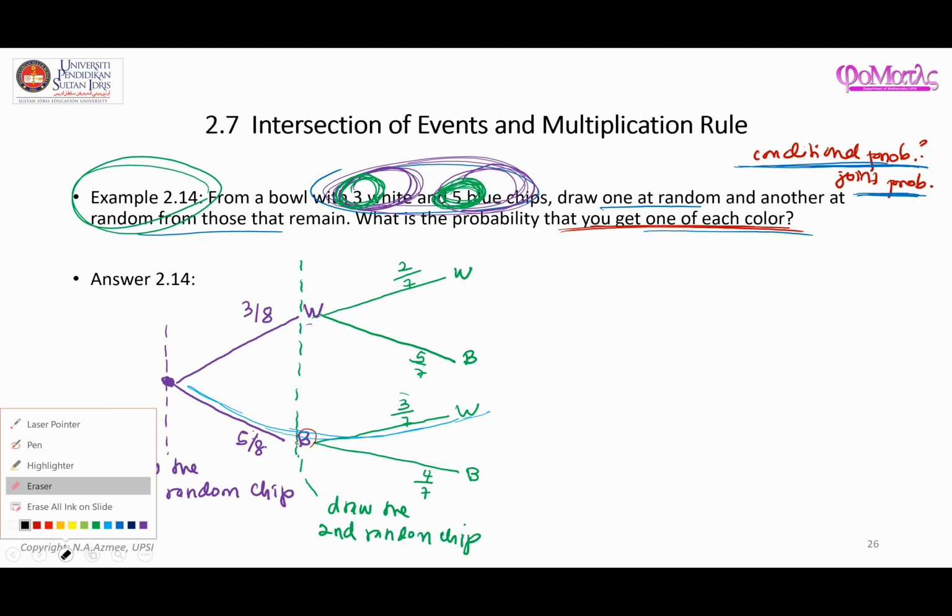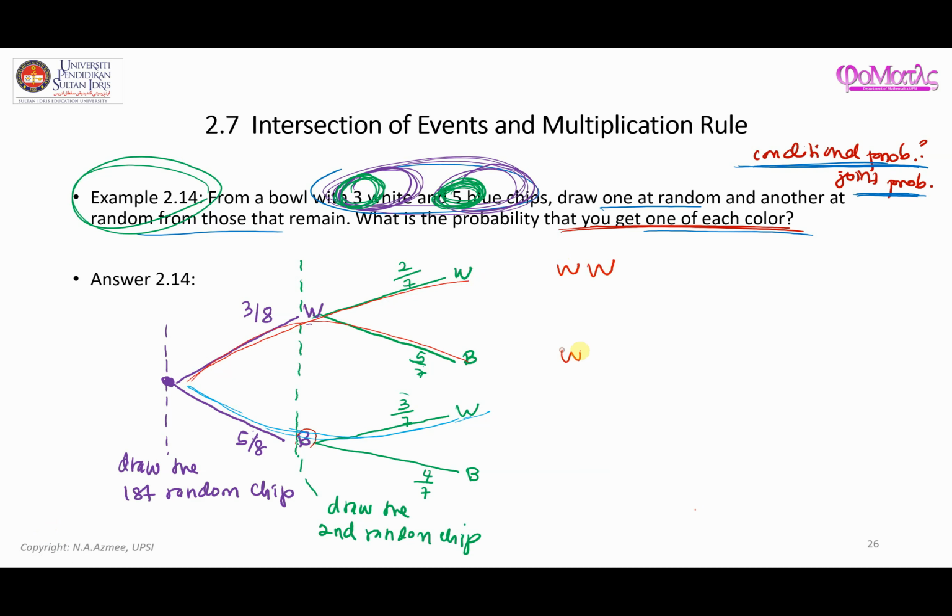All right, so now if we go back to our tree diagram, we can see that for this path here, we are considering the event of W and W happening together. This event is W and B together. This is B and W together, and this is B and B together.